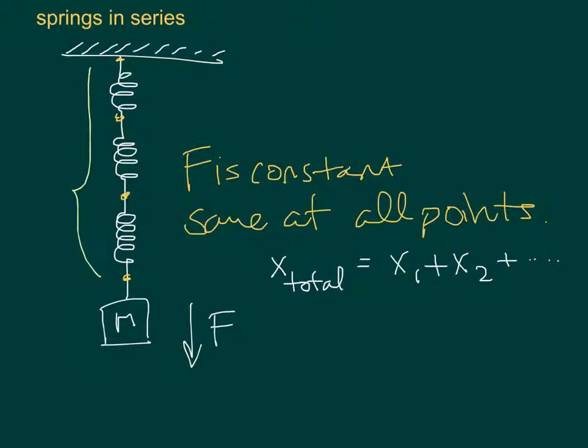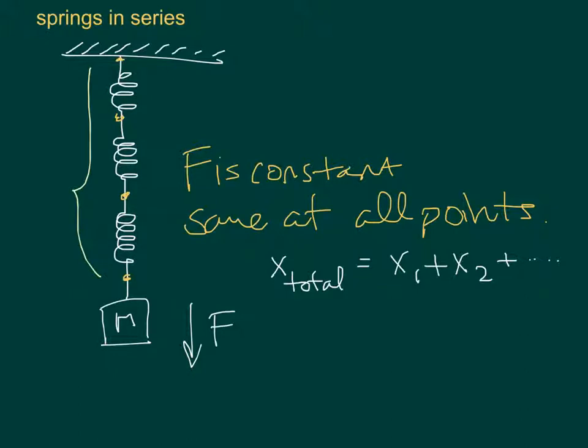And by x's, I mean the extension for each one of these springs. So this one might be x1, x2, x3, which is easy to understand when they're the same, but they might not always be the same spring, might not always be the same extension.